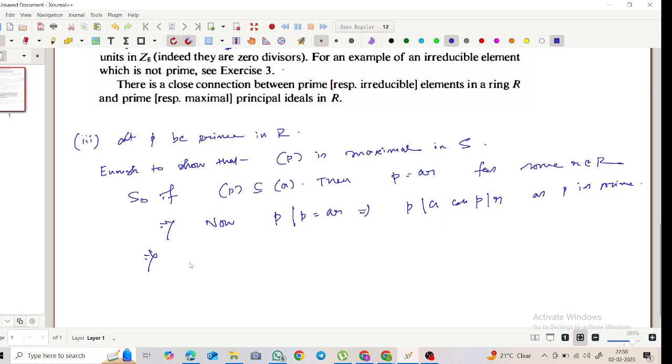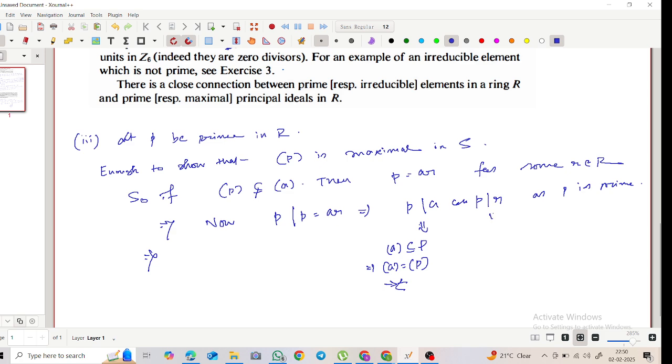If P divides A, then you have, which implies, okay, this is a contradiction.